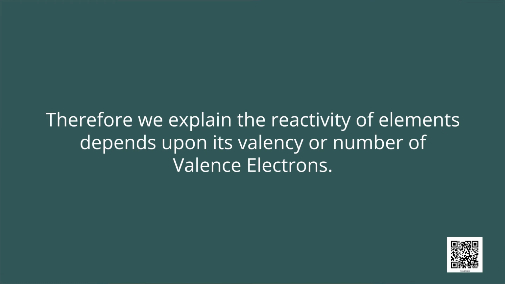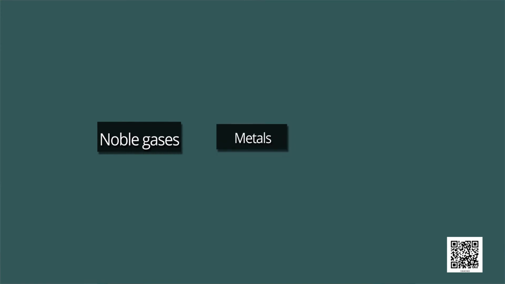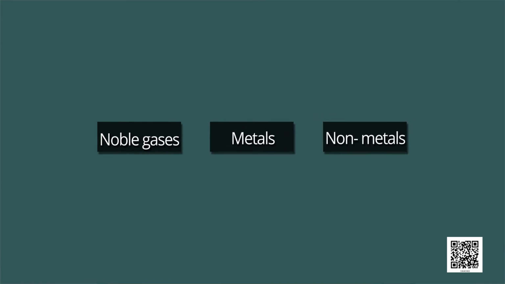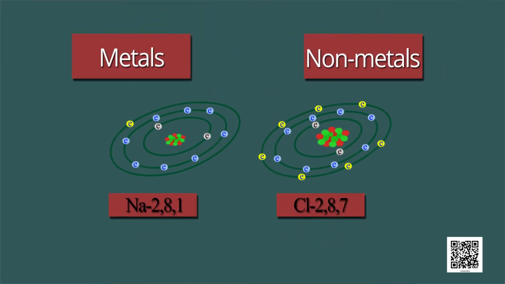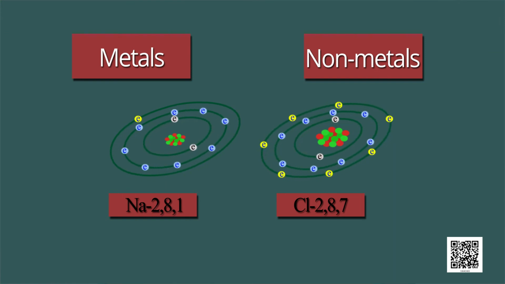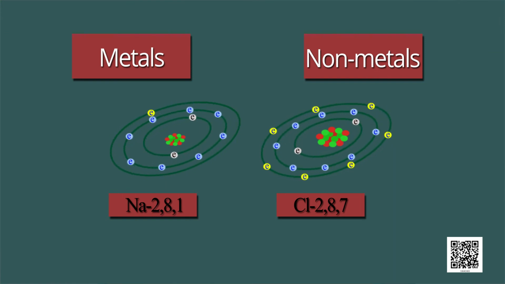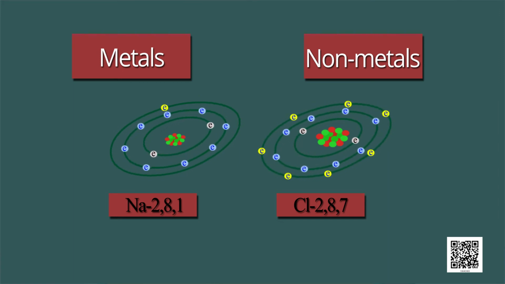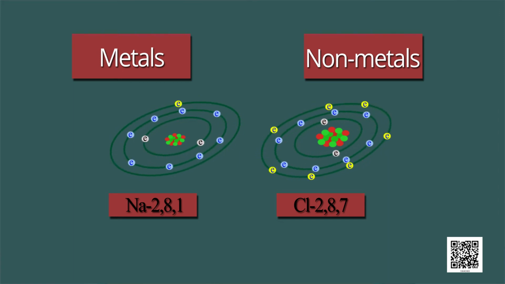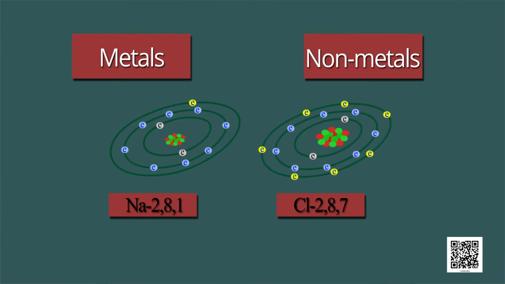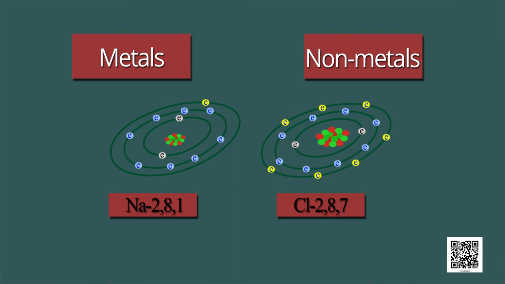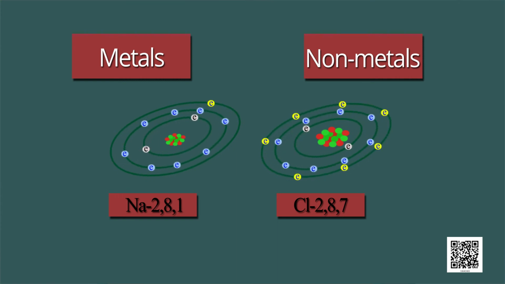Now, let's see how metals and non-metals react with each other. Students, as we all know, every element wants to complete 8 electrons, or we can say they want to complete their octet in the outermost shell, which is called the valence shell, in order to acquire the nearest noble gas electronic configuration.